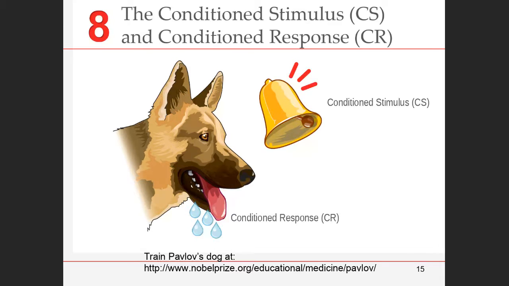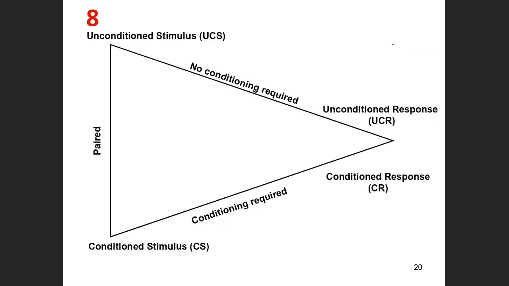So this is a triangle I use to help me distinguish the unconditioned stimulus, the unconditioned response, the conditioned stimulus, and the conditioned response. So what you have to have is a pairing of the unconditioned stimulus with the conditioned stimulus in order to get a conditioned response.